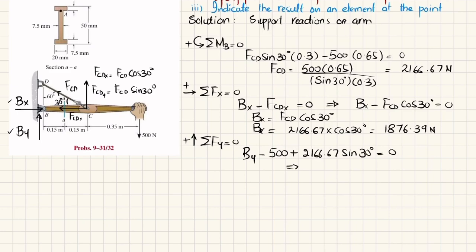When you calculate it, you will get By equal to minus 583.33 Newton. This value is negative, which means our assumed direction is wrong. It should be downward.